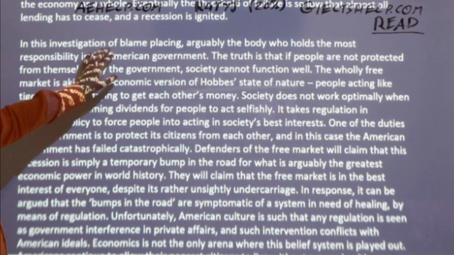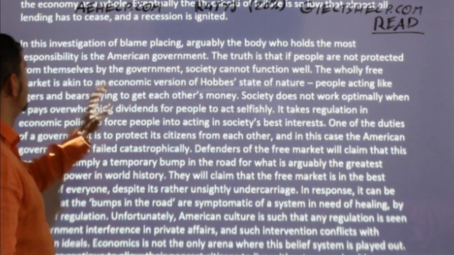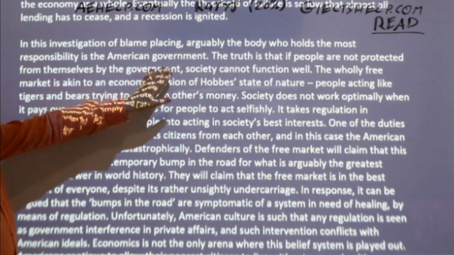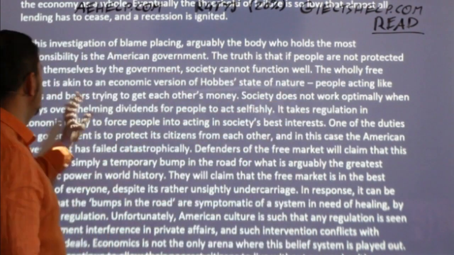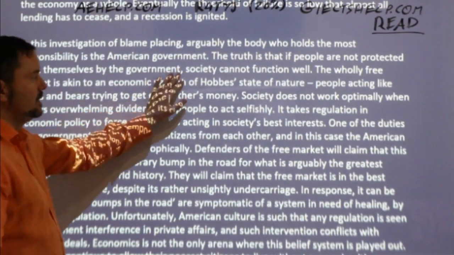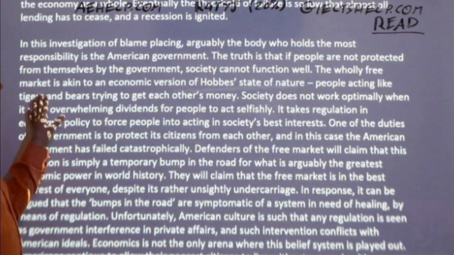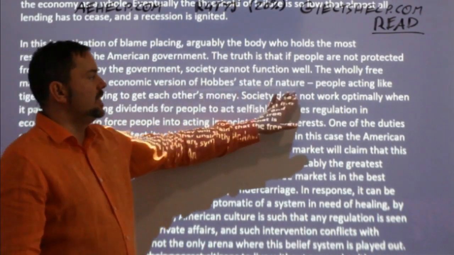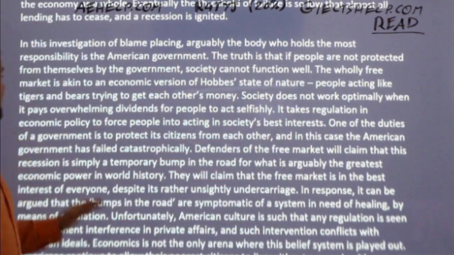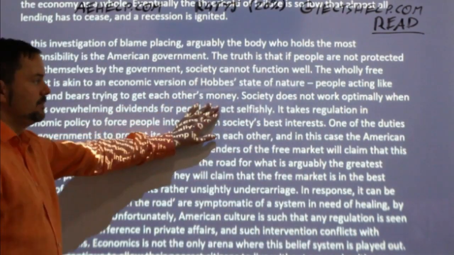In this investigation of blame placing, arguably the body who holds the most responsibility is the American government. The truth is that if people are not protected from themselves by the government, society cannot function well. The wholly free market is akin to an economic version of Hobbes' state of nature, people acting like tigers and bears trying to get at each other's money.